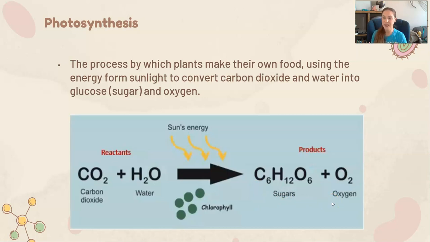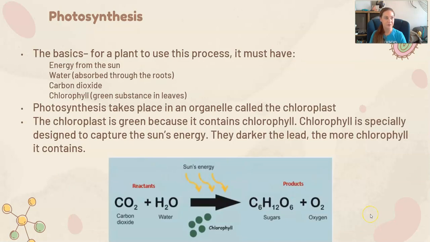Just like in math, sometimes both sides of the equation need to be balanced. So here, you'd have to figure out a way to make both sides balanced, meaning we have to use coefficients, which are those big numbers in the front of our molecules, to make there be 6 carbons on this side of the equation to make it balanced, okay? We'll talk a little bit more about that in another lesson.